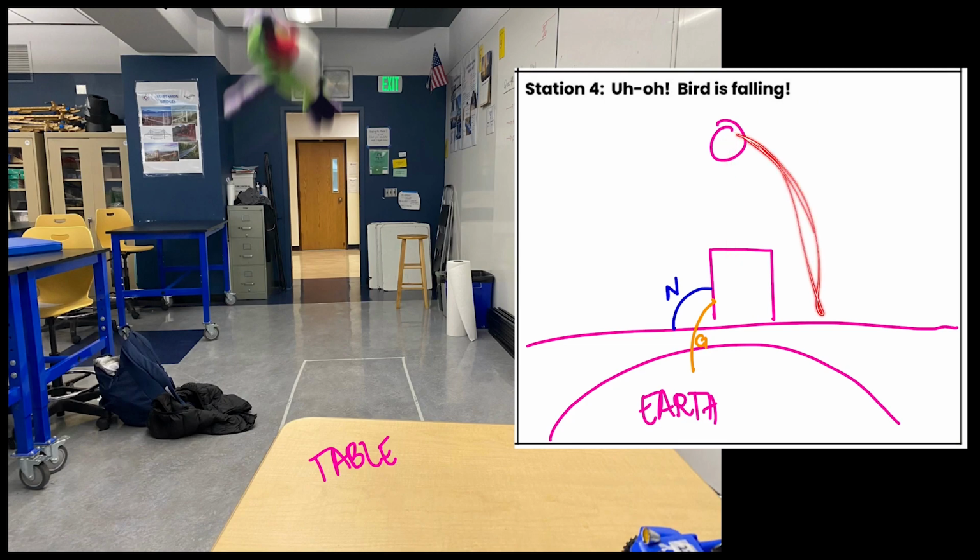There's no direct interaction with the floor, even though the bird will either hit the table or hit the floor. Currently, at this moment, the bird's interaction is with the earth, right? It's not touching anything else. Okay. And so then that would be it for our interaction station page.